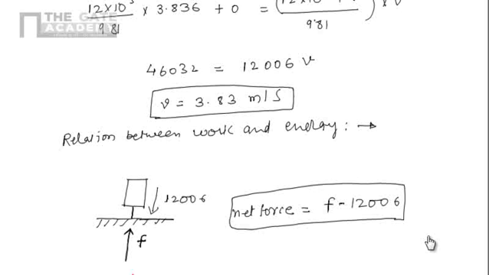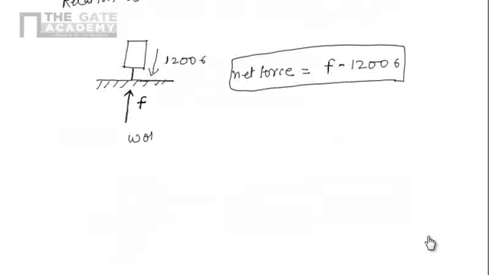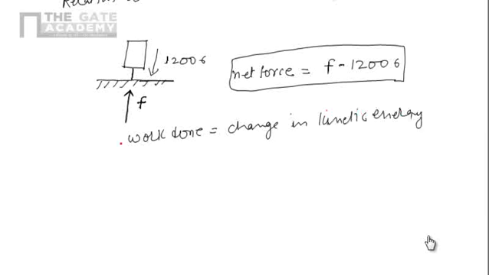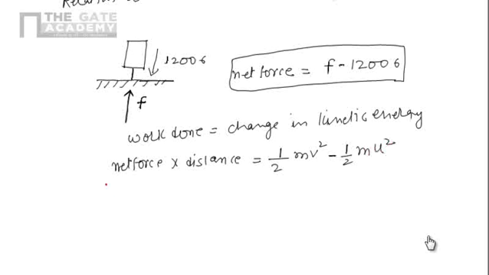According to the work energy principle, work done equals change in kinetic energy. Work done is net force into distance. Change in kinetic energy is 1 by 2 m v square, the final kinetic energy, minus 1 by 2 m u square, the initial kinetic energy. The net force we have already calculated is F minus 12006.